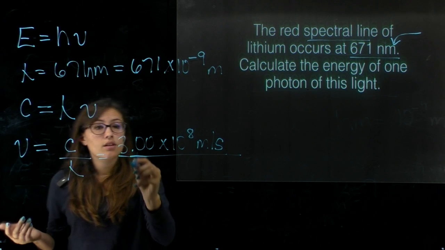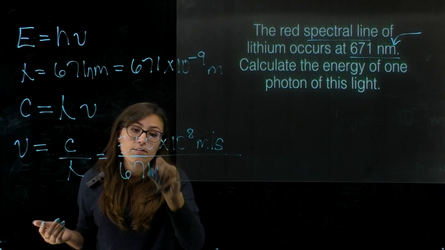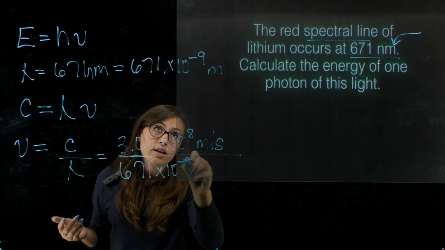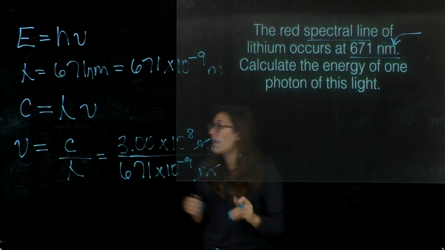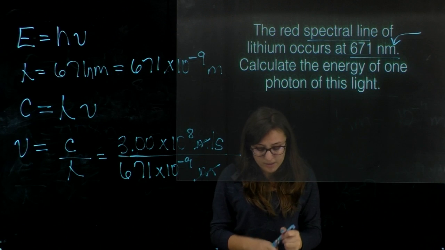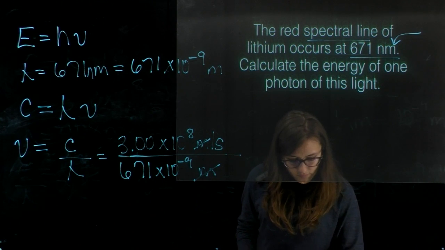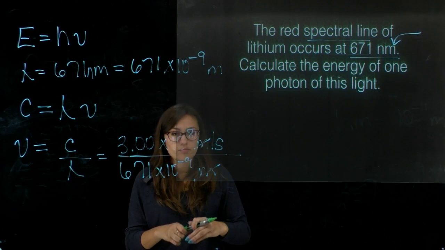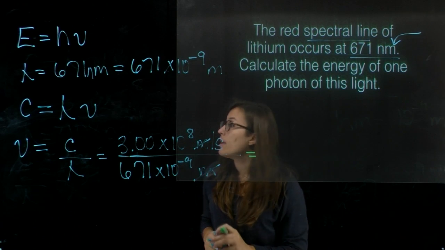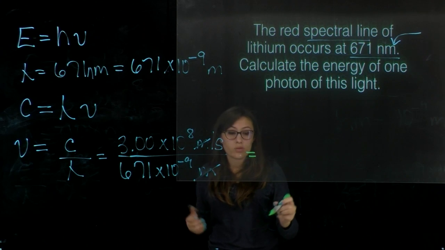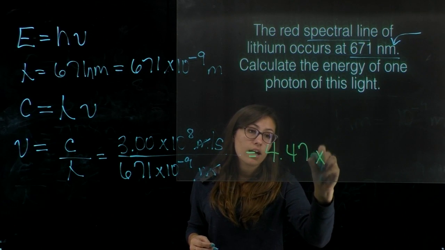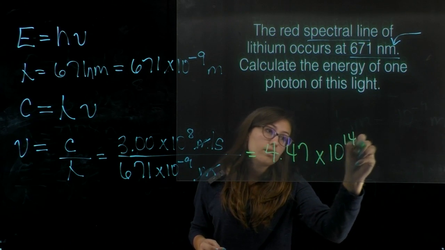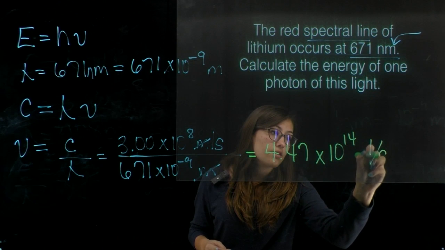Once we do that, we can plug it in. 671 times 10 to the negative 9th meters. My meters and meters cancel out. And this will be equal to 4.47 times 10 to the 14th per second.